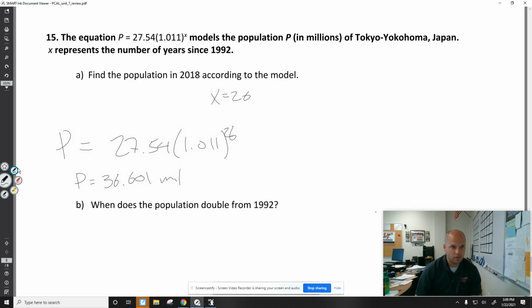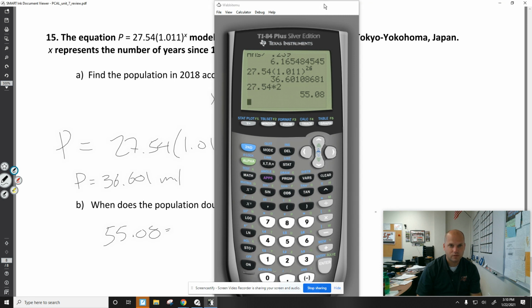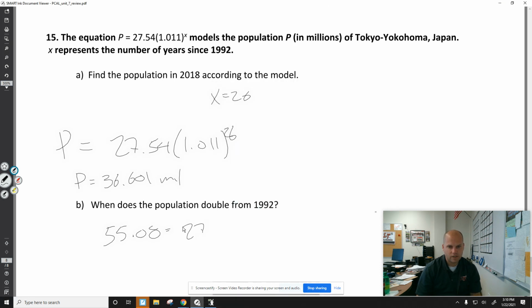When does the population double? So I have to figure out the double of 27.54. It actually doesn't matter, because when you solve and divide, you'll get 2. So 55.08 equals 27.54 times 1.011 to the x, divide, you get 2.